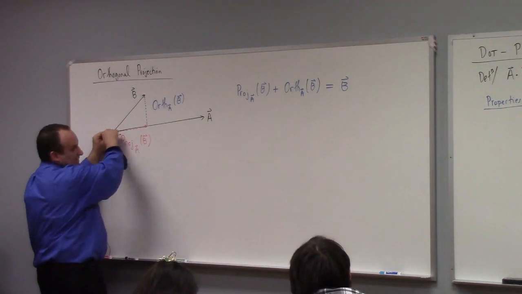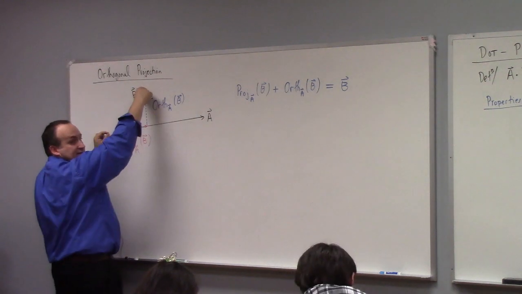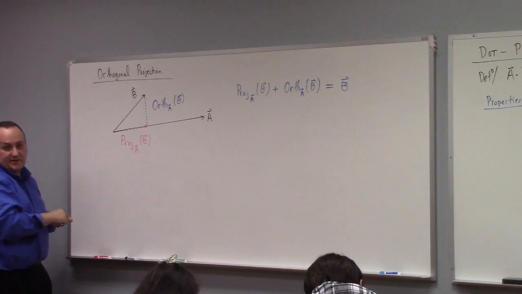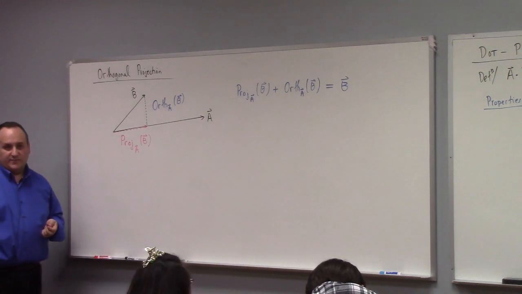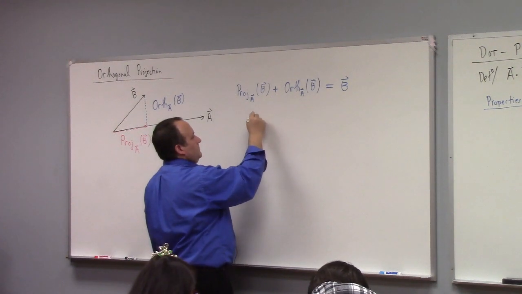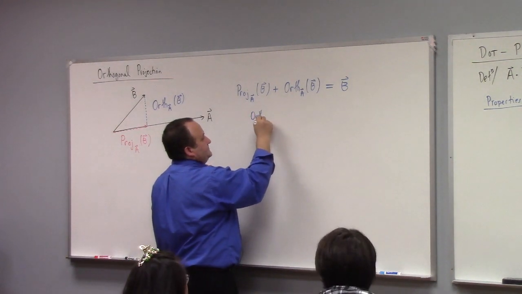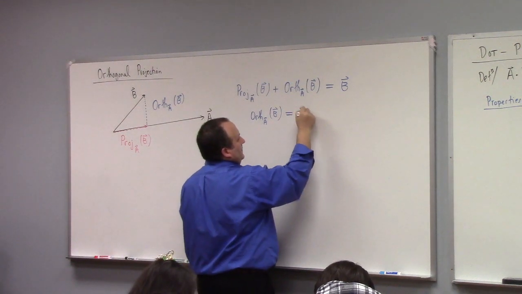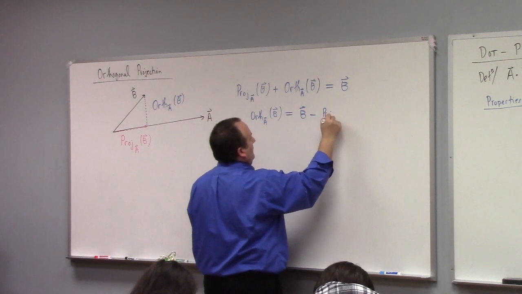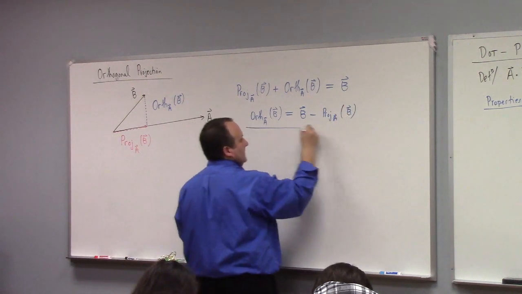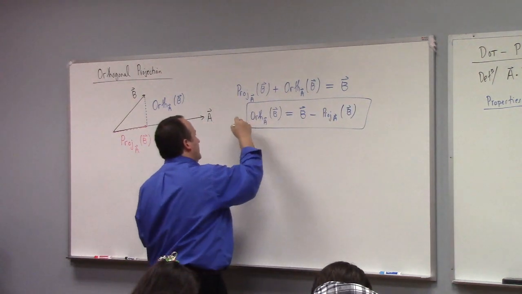Because this vector plus that vector is B. It's the tip-to-tail vector addition. And then we get what Sam just said to me, which is that orth of B onto A must be equal to what? B minus the projection onto A of B. All right? And there you go. That's the definition of the orth.